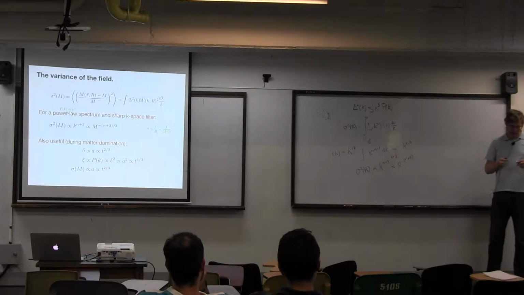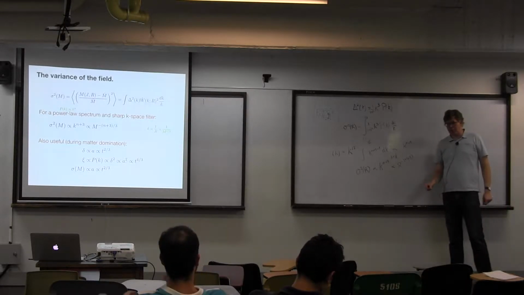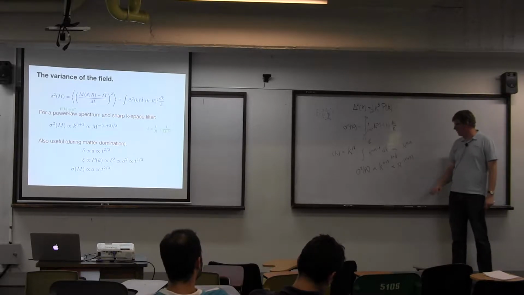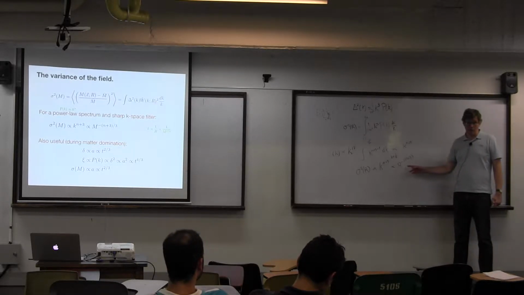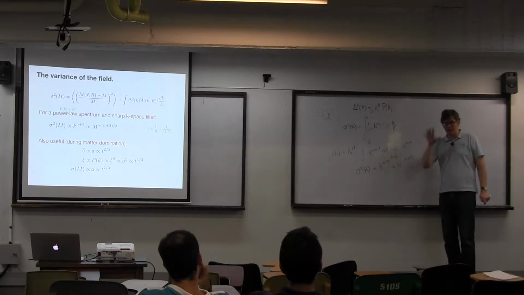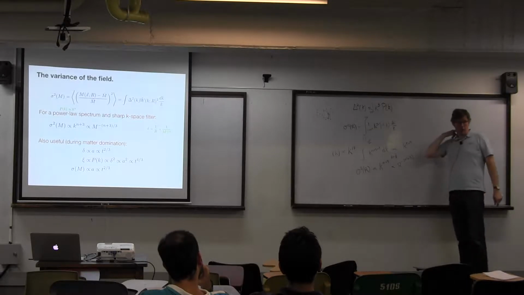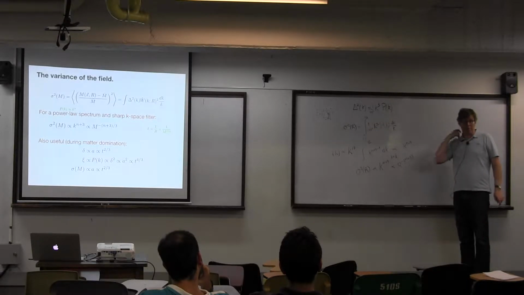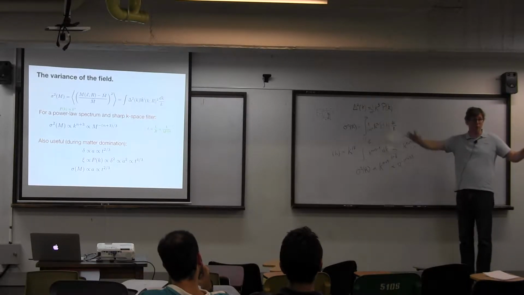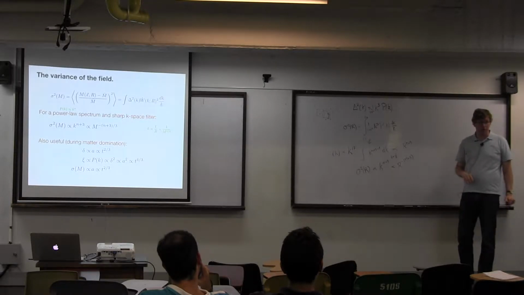If n is positive, say n is 0, this basically goes as r to the minus 3, and it says that the variation, as you put down these boxes, goes down on larger scales. It just means that the universe becomes smoother and smoother on larger scales, and there's a lot of structure on small scales.